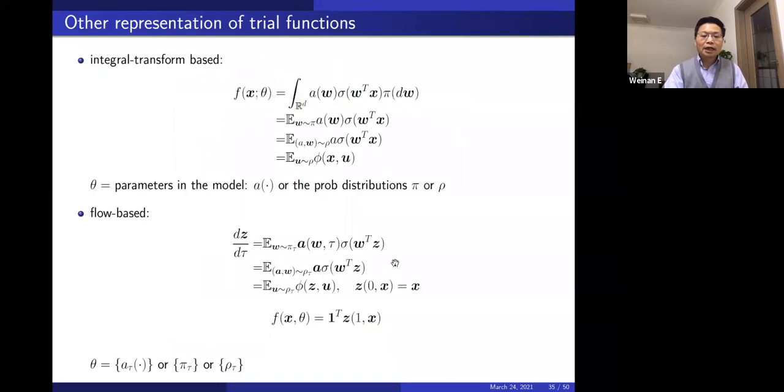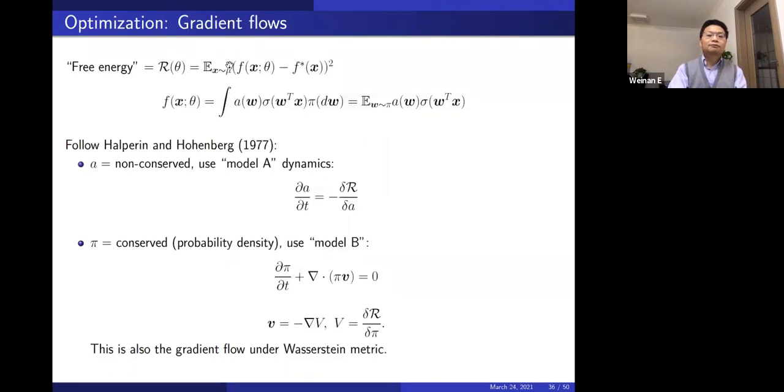Okay, so once we've decided how to do this, we have the variational problem to solve, and then we just solve it by some variational optimization algorithm. That's one way to do it. Another way to do it is to first formulate the optimization algorithm as a continuous PDE.